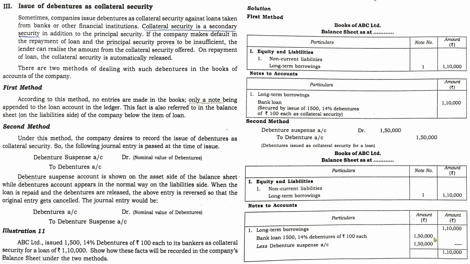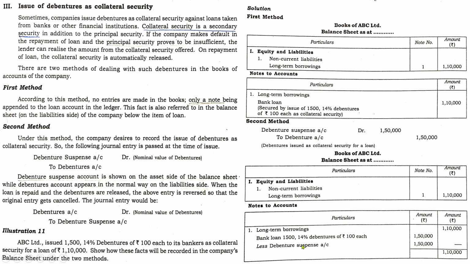1,50,000 worth of debentures was offered as security, and from that you need to deduct the debenture suspense. Why is it shown like that? Why is debenture suspense deducted here? Because, going by the theoretical concept which we have discussed, debenture suspense account is shown on the asset side of the balance sheet, and the debenture account appears in the normal way on the liability side.